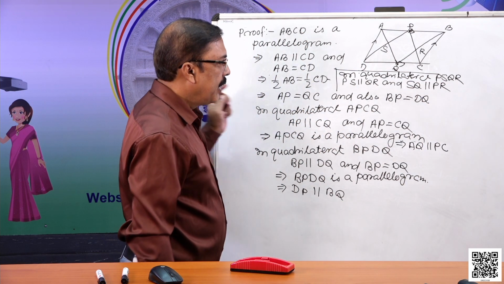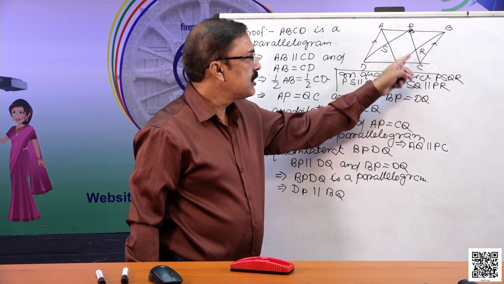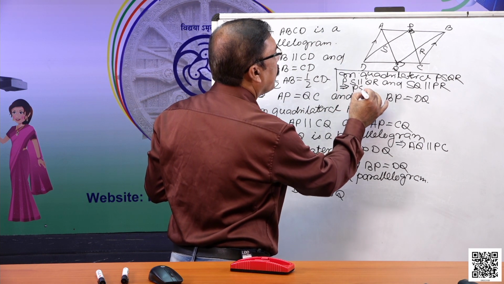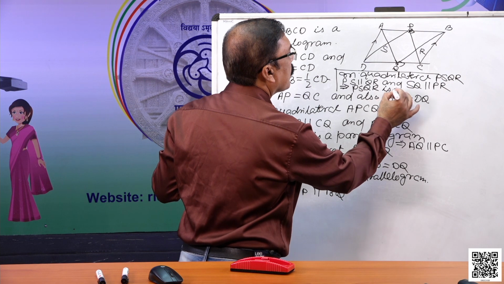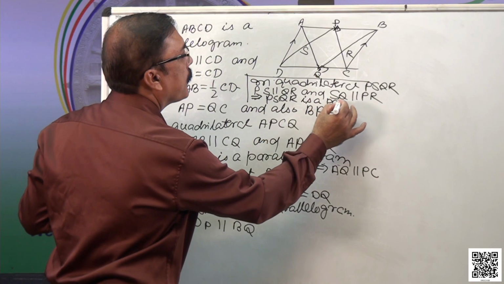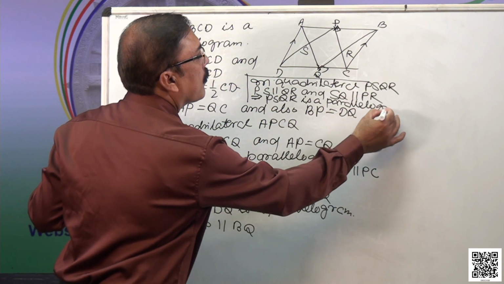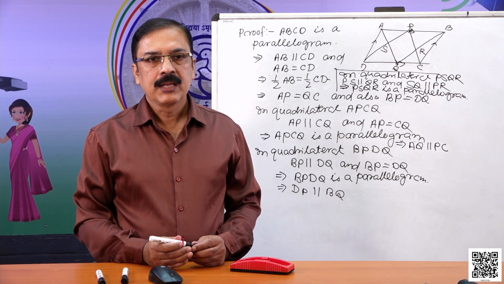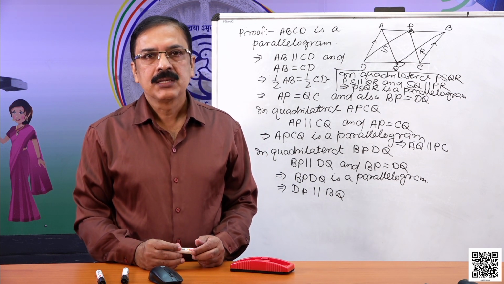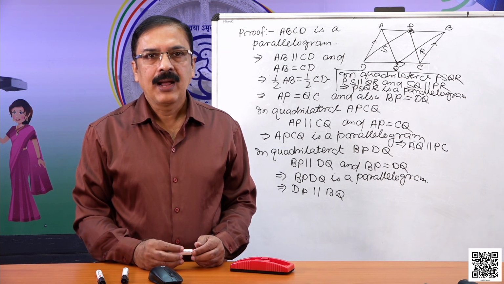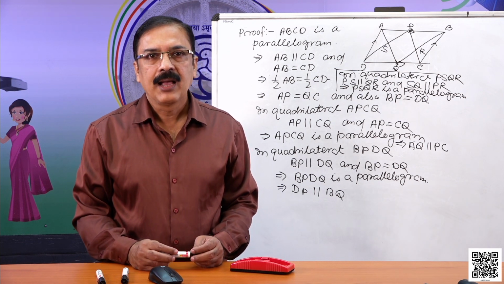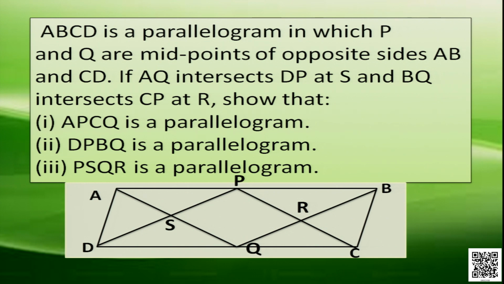You see, in quadrilateral PSQR, opposite sides are parallel, so PSQR is a parallelogram. So here we proved by using that if the opposite sides of a quadrilateral are equal and parallel, then it is a parallelogram. Using this statement, we can prove this.